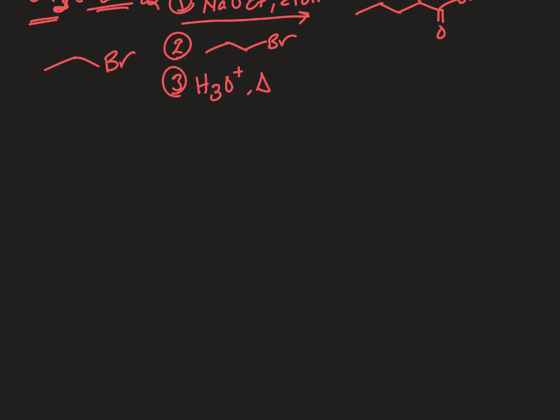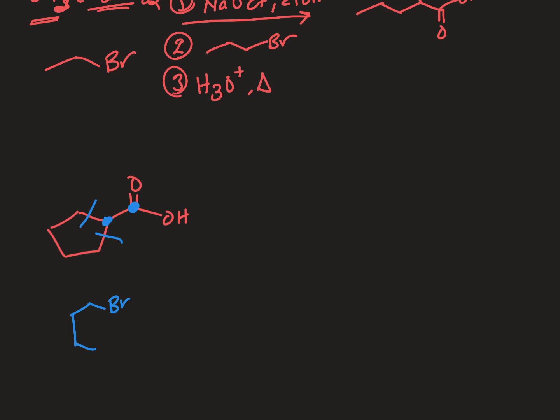Let's look at a quick example. So let's prepare this carboxylic acid using the malonic ester synthesis. Just like before, we know the carbonyl carbon and the next carbon over come from the malonic ester. And then those are going to be the 2 bonds that I'm going to be forming. So if I notice, instead of 2 separate alkyl halides, I have a dihalide. So there's the dihalide.